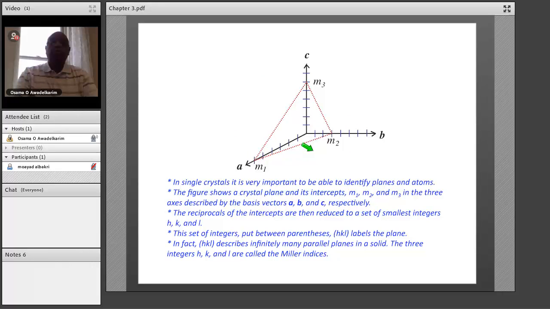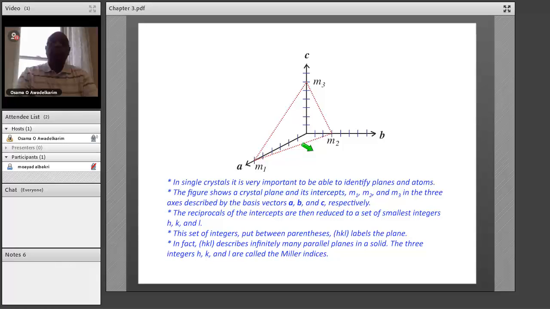How do we define a plane or a direction in a crystal, a single crystal? Remember, here we're talking about a single crystal where we have regular periodicity of the structure, where we have a long range periodicity or order.